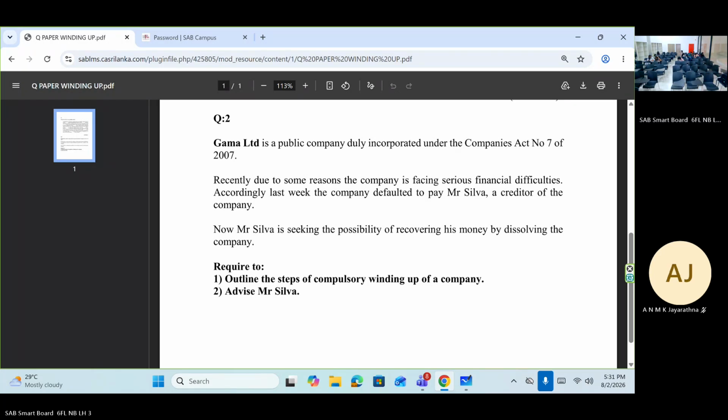Then the creditor can make an application to court to liquidate the company by court.